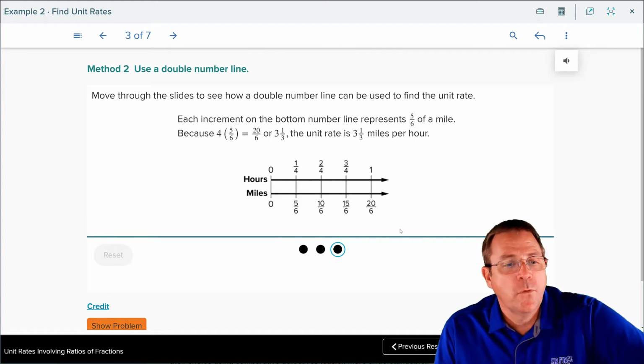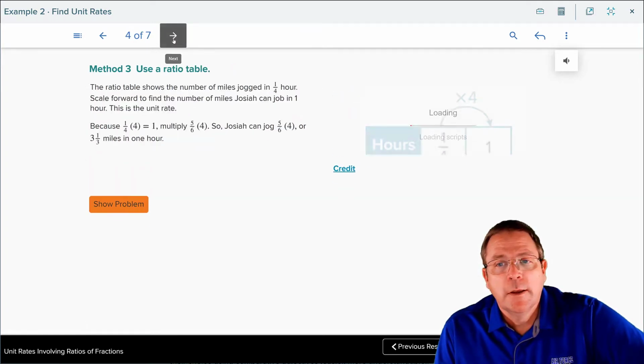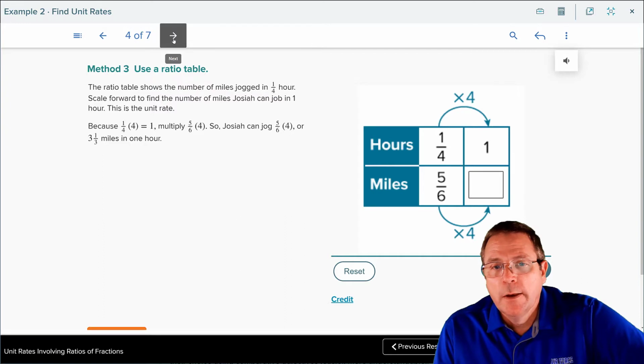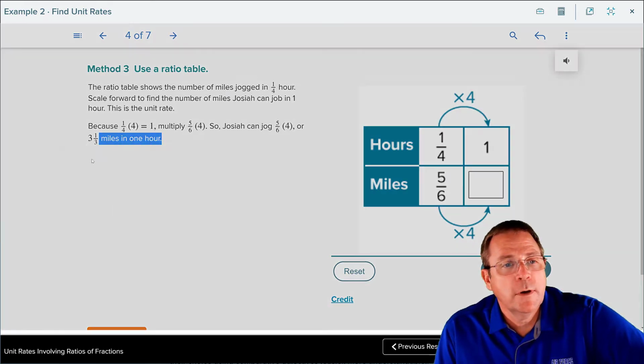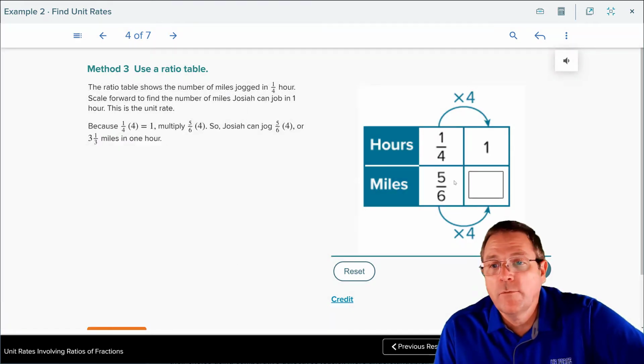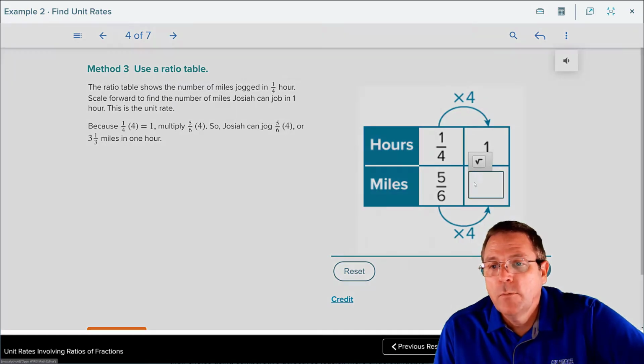We came up with 4 different methods in this lesson. Moving on to the third method, which is to use the ratio table. Now you look at this one. I'm not going to make you put it in because they'll give you the answer right here. See, right there, they tell you what it is in miles per hour, and we've already done it several ways. For the ratio table, you multiplied the top and bottom by 4, and in the end, what are you going to plug in there?